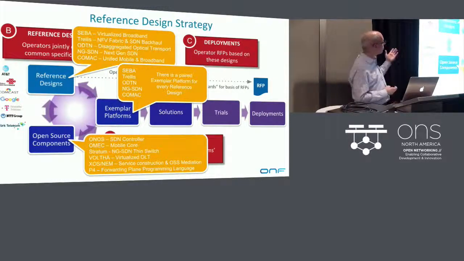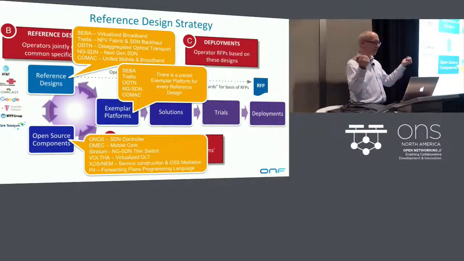There are, at this point, 5 reference designs that are in flight. You're going to see a significant announcement tomorrow about 3 of these reference designs, so they've really been moving forward dramatically. For each reference design, there's a paired exemplar platform. This is the way it works. They go hand in hand. So you have a reference design, you have an exemplar platform, a specification, and open source.